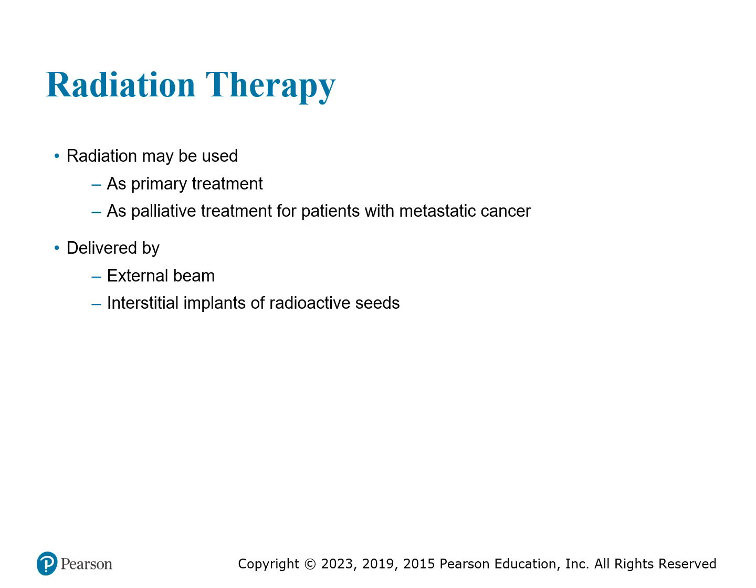Interstitial radiation has a lower risk of rectal damage and impotence than external beam radiation. Radiation therapy has a palliative role for patients with metastatic prostate cancer to reduce the size of bone metastasis, assist with pain control, and restore functions such as continence.